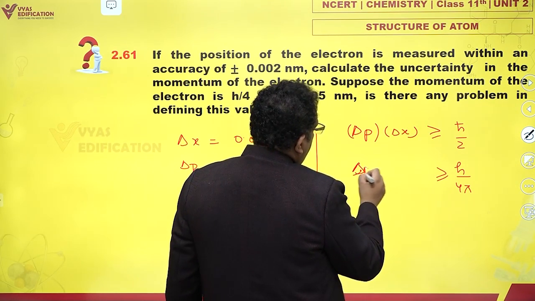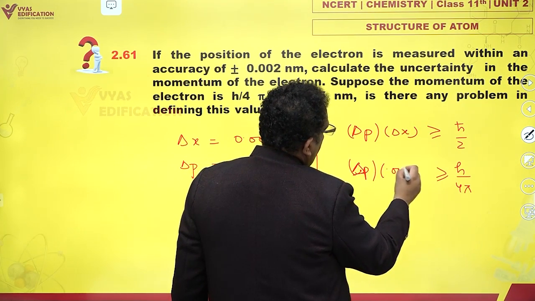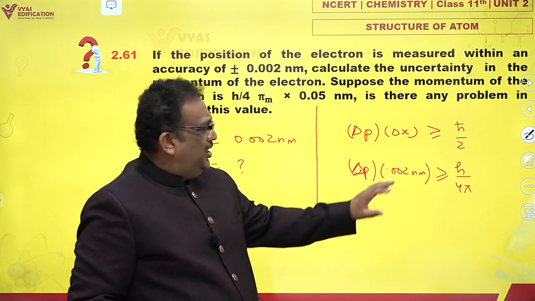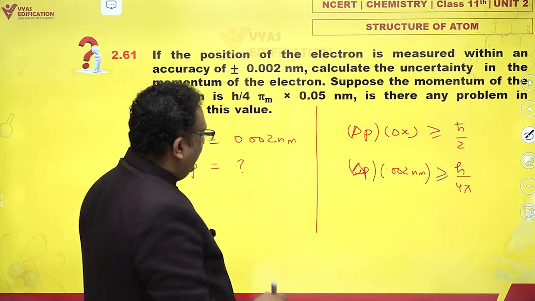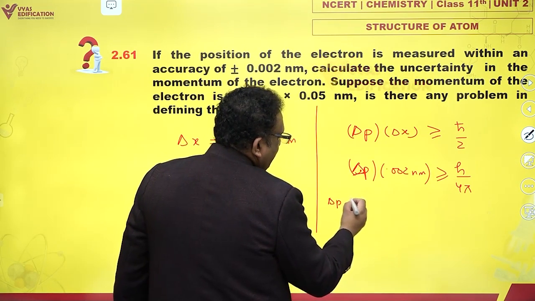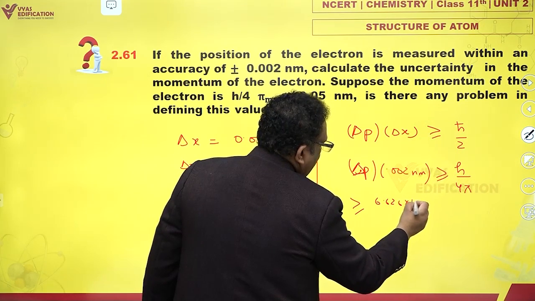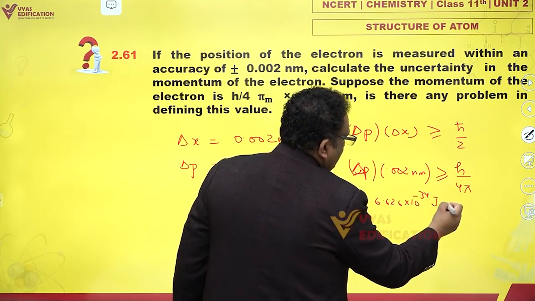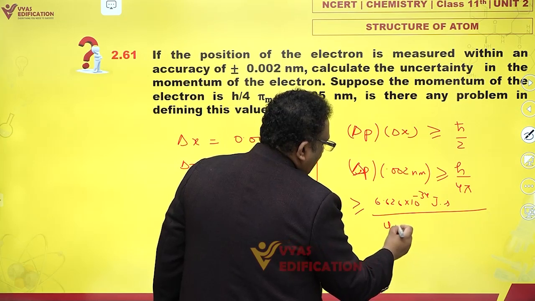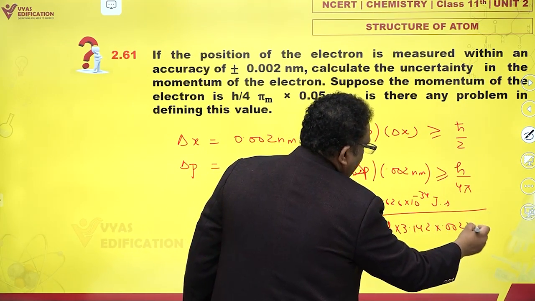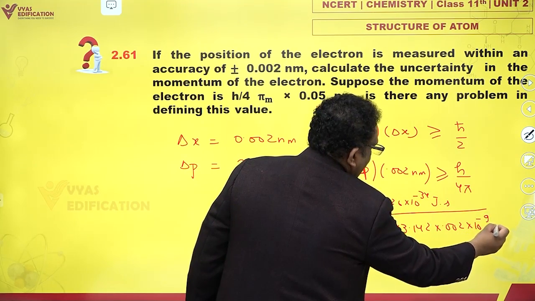So delta p into 0.002 nanometers is so much. In the limiting case, we just use equality. So delta p is greater than or equal to h, 6.626 into 10 raised to minus 34 joule second divided by 4 into 3.142 into 0.002 nanometer, which is so many meters.